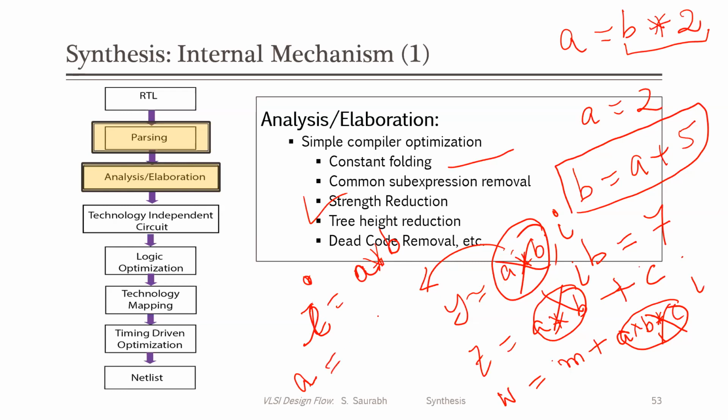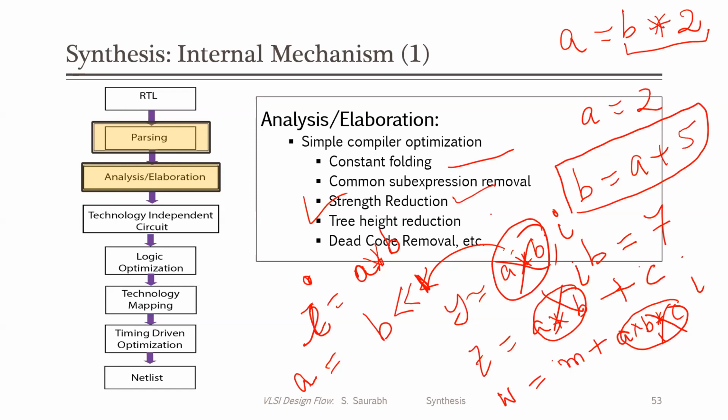I can simply shift it towards left by one position, and you will get a multiplication by 2, right? If you shift left, then you get a multiplication by 2, and if you shift right, then we will be getting a division by 2, right? So rather than using a costly resource, use a simpler resource. That is what strength reduction is.